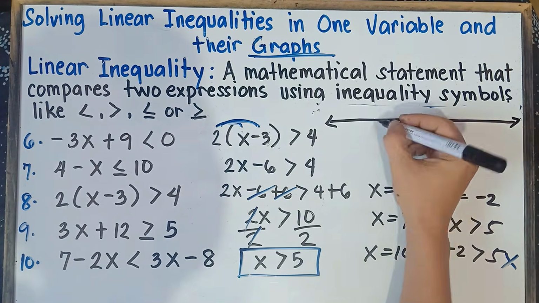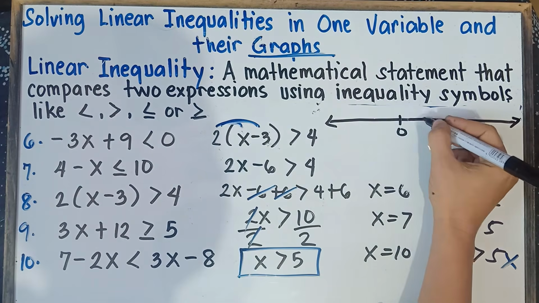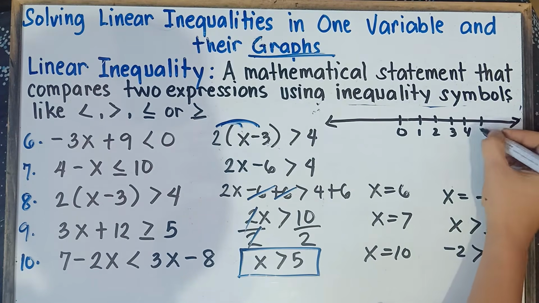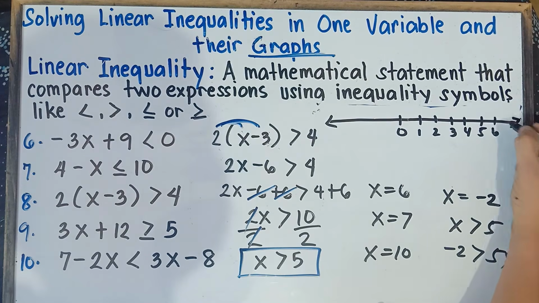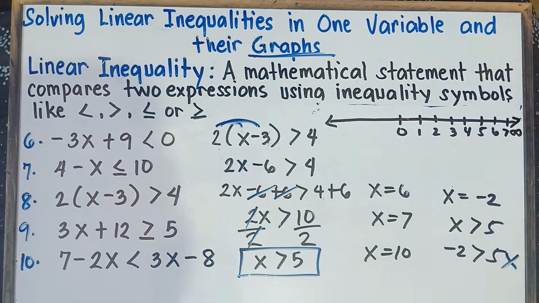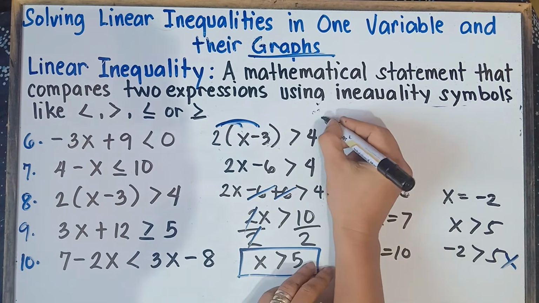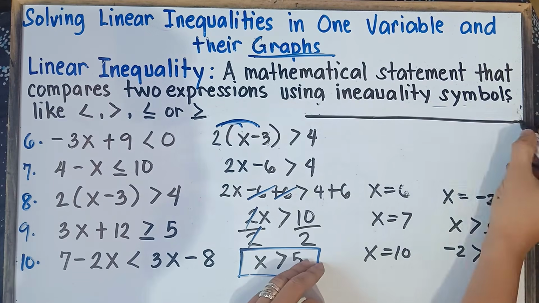Alright, so we have this one. Let's have 0 here, and then 1, 2, 3, 4, 5, and then 6, 7 up to positive infinity. So we don't have enough space, class. Let me draw it again. So we can adjust. Once again, this will be our number line.